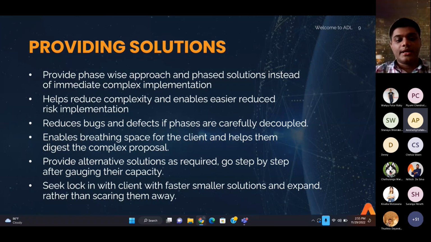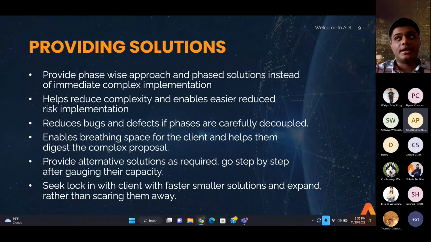Also, you should provide breathing space to the client to digest, and also provide alternative solutions based on their capacity, because you should not push everything, which will remove their breathing space and affect their capacity. So gauge their capacity, provide alternative solutions such as phase by phase or step by step, and also provide breathing space to the client or the partner.